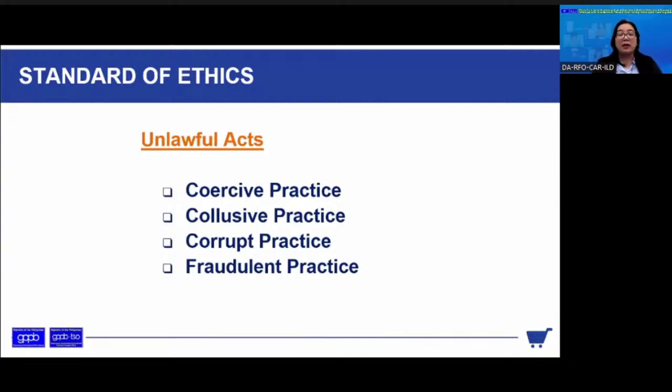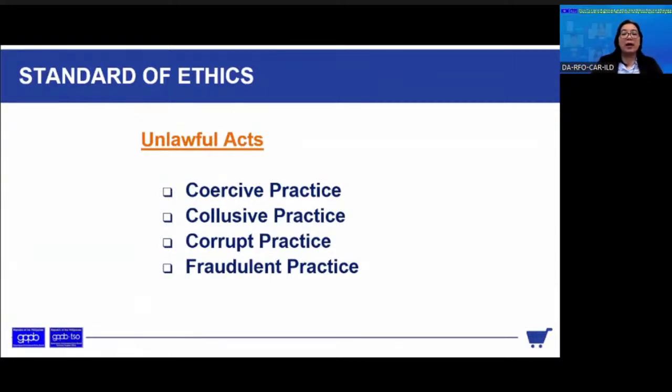And these are meant to influence yung bidding process, no? So let us, as public officials, we are reminded to be wary of these unlawful acts in terms of how we perform our obligations as public officials or procurement officials, no?